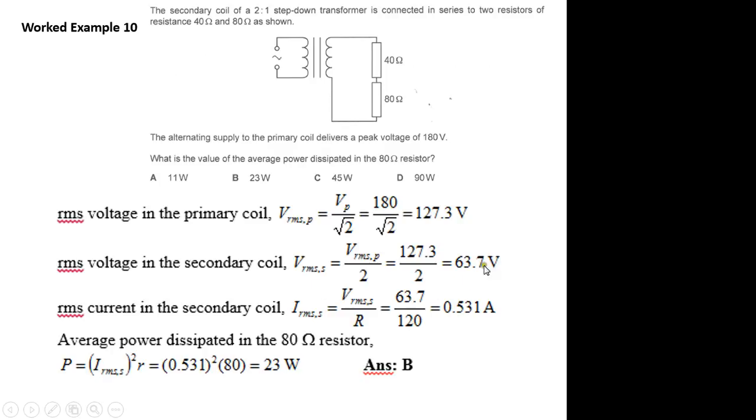You know the V, you know the R, you find the I. Once you have that, I squared R. The current through the 40 and the 80 ohms are the same. I squared R, you get 33 watts. Answer, it's B. You did 1, 2, 3, 4 calculations to get one answer. It is a challenging MCQ. 4 calculations for one answer. If some of you have faster ways, please let me know right after this lecture.